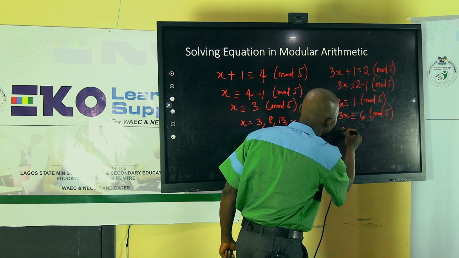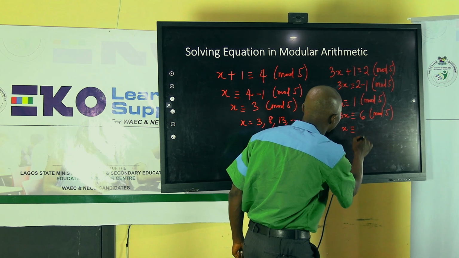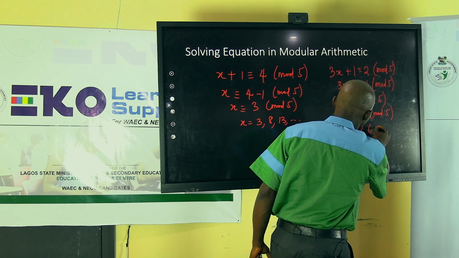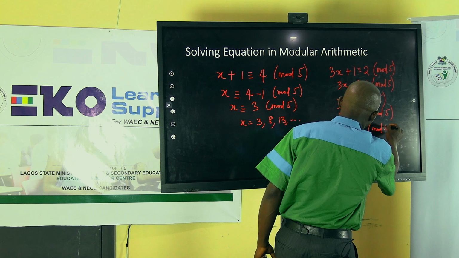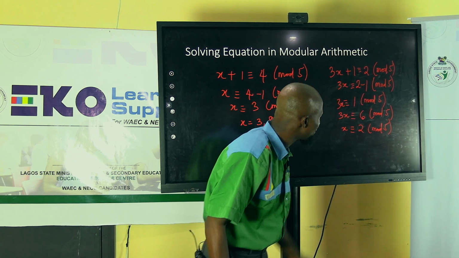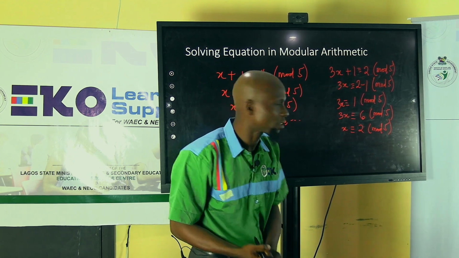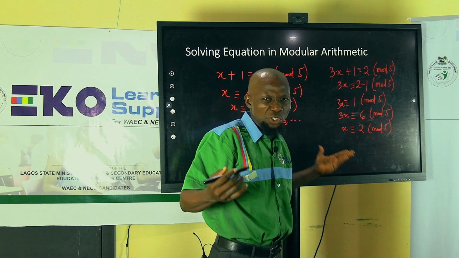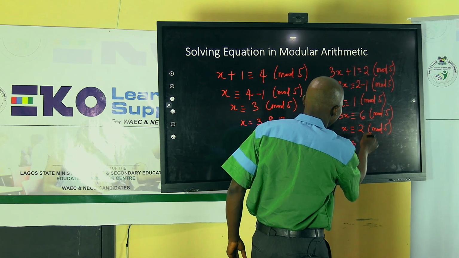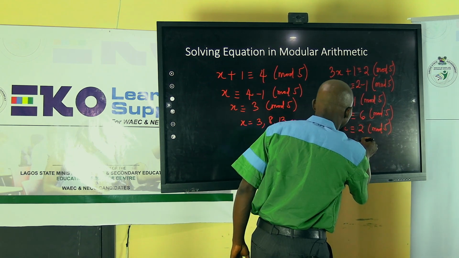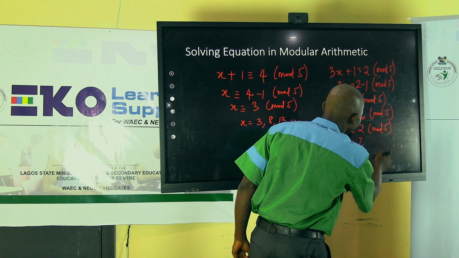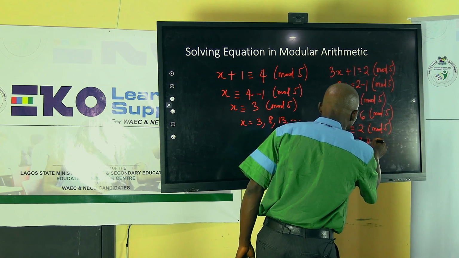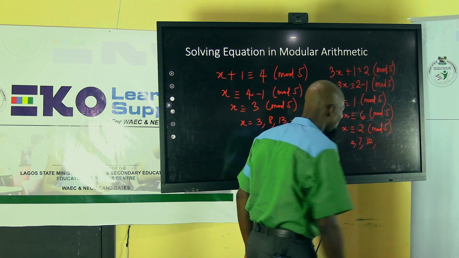So we have x is congruent to 2 modulo 5. So it means our answers are the congruent class of 2. It could be 2, it could be add 5 to it, 7, add 5 to it, 12, and so on and so forth.